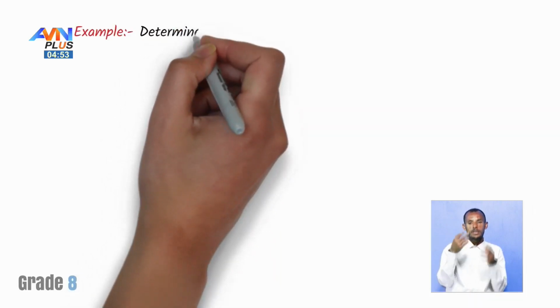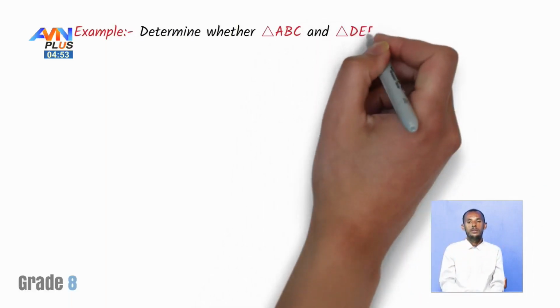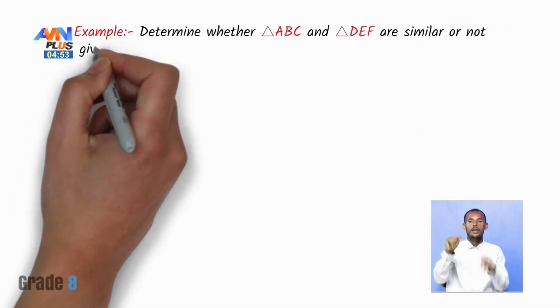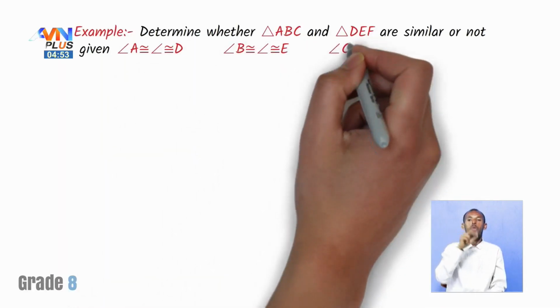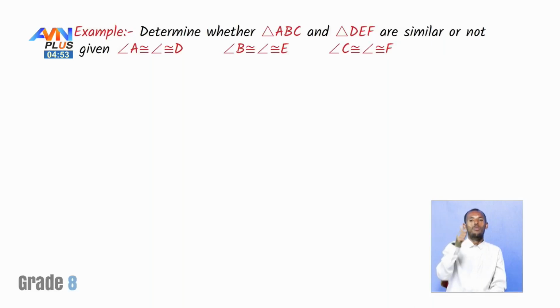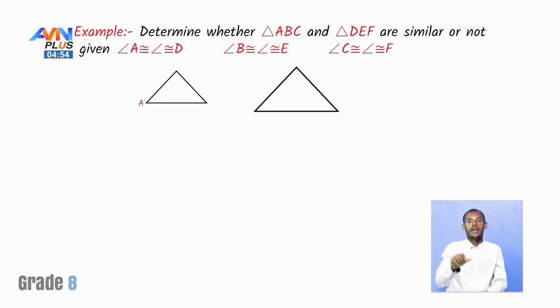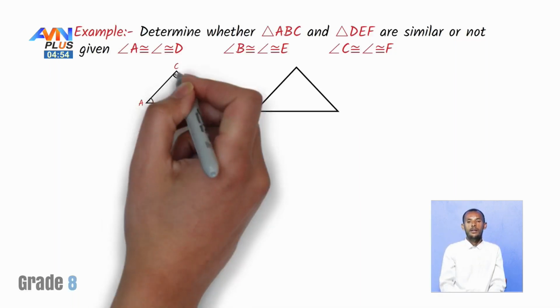Determine whether triangle ABC and triangle DEF are similar or not, given that angle A is congruent to angle D, angle B is congruent to angle E, and angle C is congruent to angle F, where the figures are like here.